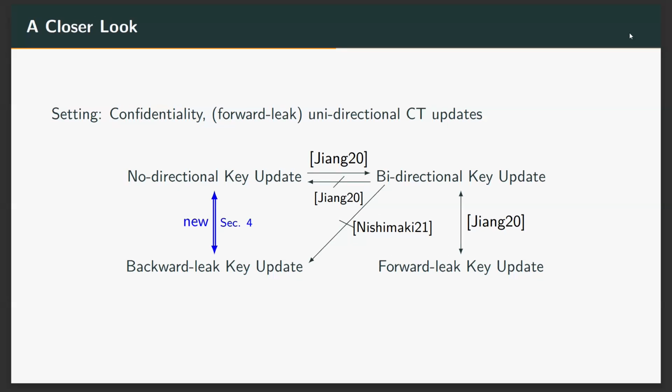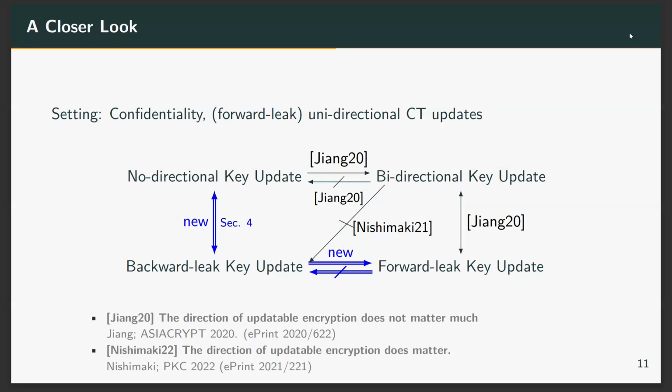So the result we actually have is that we show these two notions are equivalent. Based on that, the backward leak can imply the forward leak, but not the other way around, because you can go this way to imply that, but this way you cannot go because this one does not imply. And also this one. So that's the whole picture. After our work, we complete the whole picture.